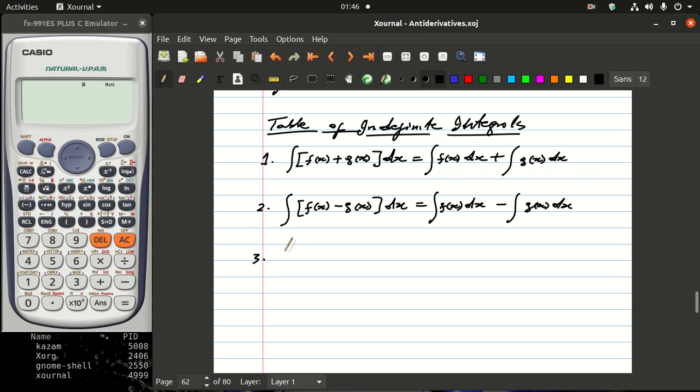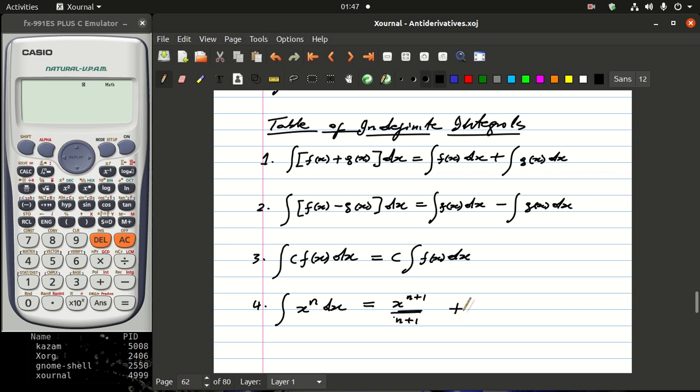Let's go to number 3. If you want to find the indefinite integral of a constant times a function, all you need to do is pull the constant out and find the indefinite integral of that function with respect to x. Let's go to number 4. Now, if you want to find the indefinite integral of x raised to n dx, all you need to do is add 1 to the power, n plus 1, and then divide by n plus 1.